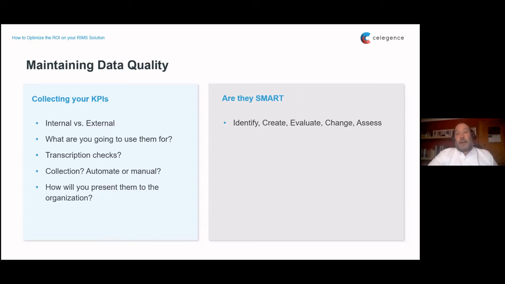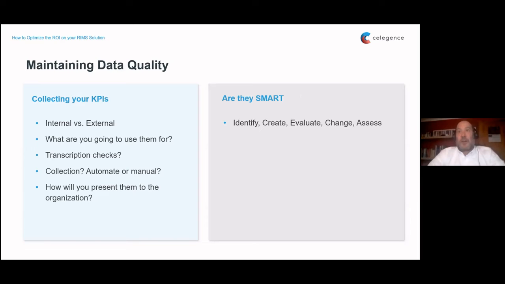Collection of KPIs can take a long time. So consider whether or not you can automate that collection, or whether you do actually have to collect them manually. And again, how will you present those KPIs to your organization?